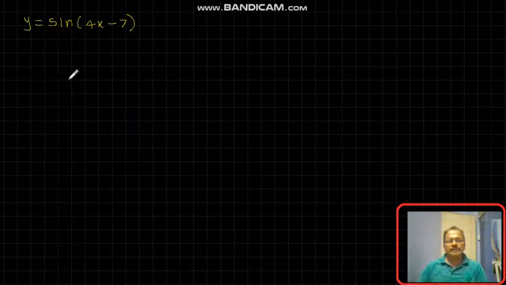Let us find the nth order derivative of y equal to sin(4x − 7).